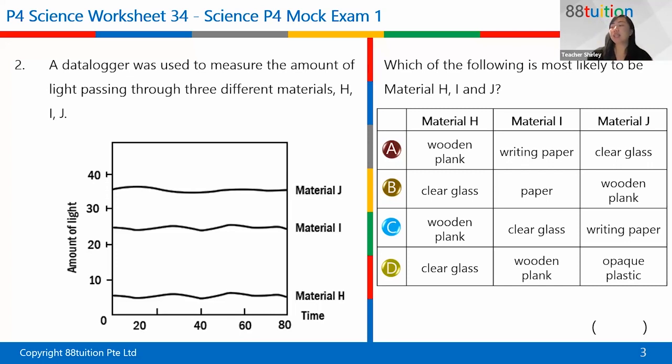Okay, now we look at this graph here. It seems like material H allowed very little light. I wouldn't say no light, because no light means it's at 0, but very little light. The one in the middle has moderate light. And the last one has a lot of light, or plenty of light.